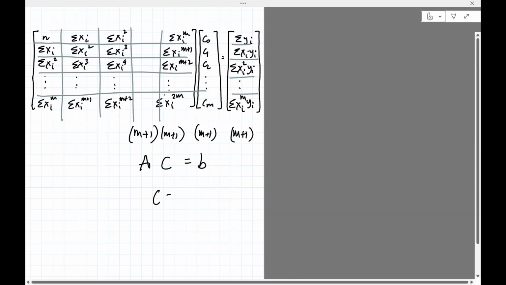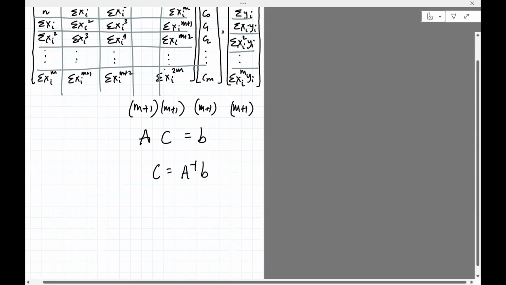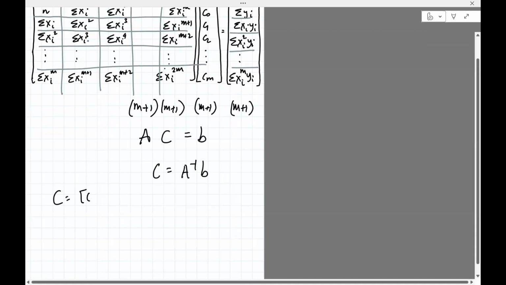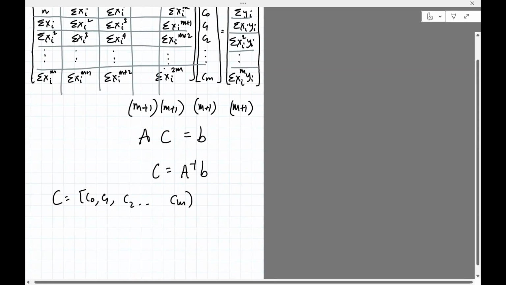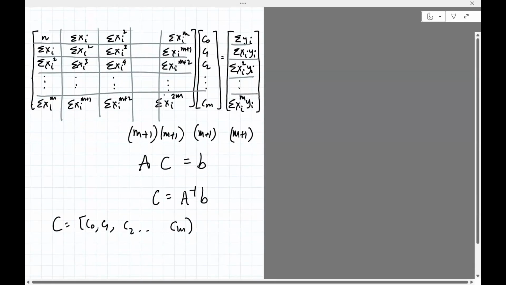If you want to solve for c, it's going to be A inverse b, where c is C0, C1, C2, up to Cm. Now you could solve for c using some of the methods we've talked about before: Gauss-Jordan, Gauss-Seidel, Jacobi, and so on. Or you could just use a backslash in Octave. Okay, with this, let's try to apply this and solve a problem.